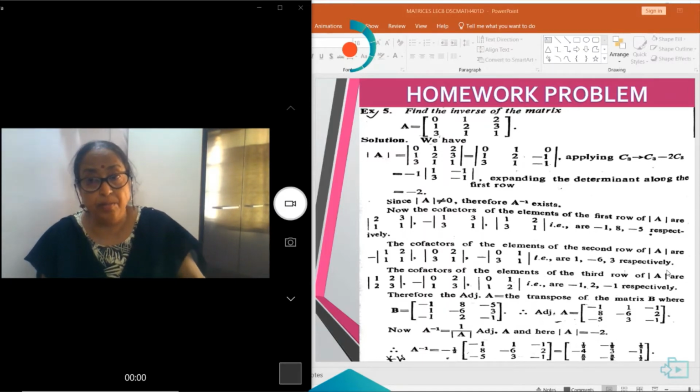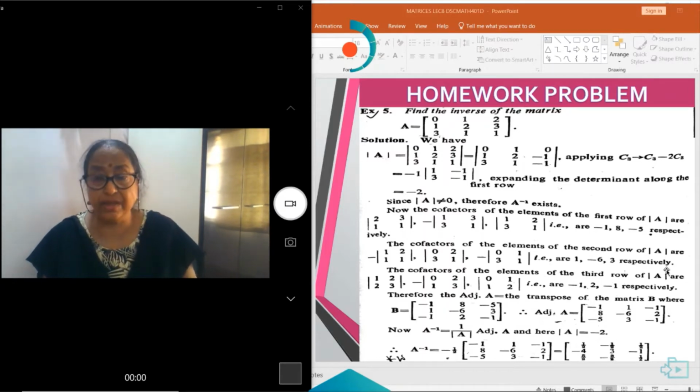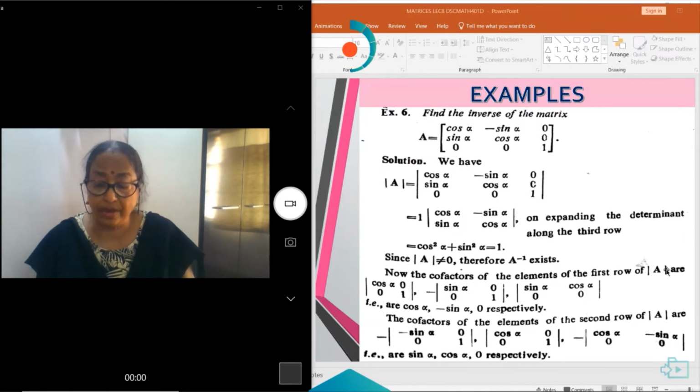Now we move further to find the inverse. What is the formula for inverse?